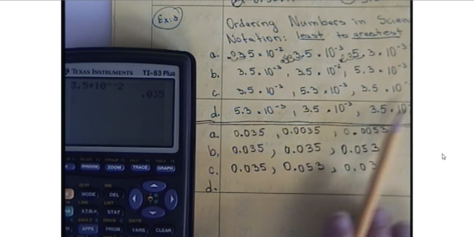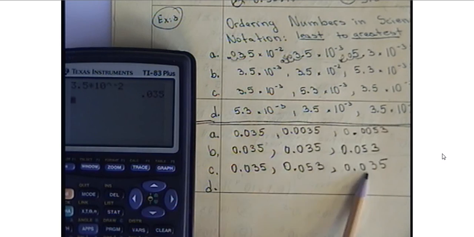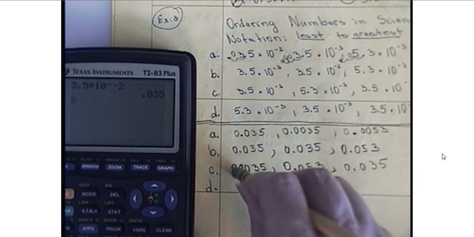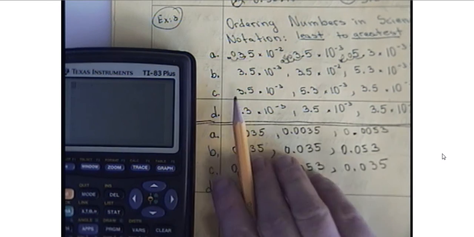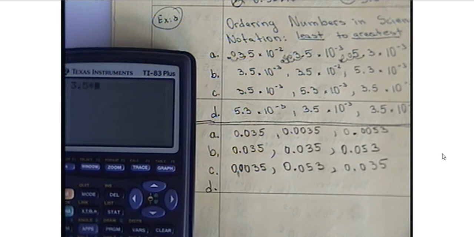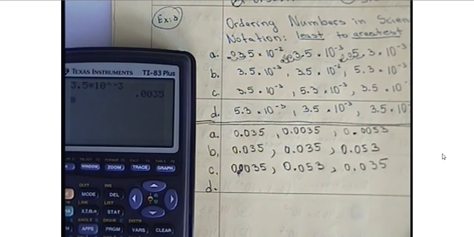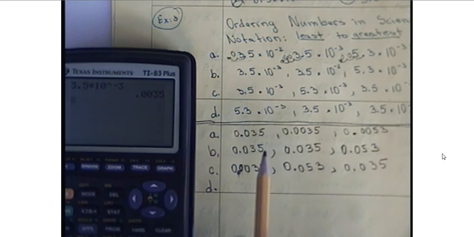I'm looking that this is to the negative 2, so it looks like I missed one zero here. Okay, so we can just double check this one. 3.5 times 10 to the power of negative 3. Yes, so we have two zeros after the decimal point.